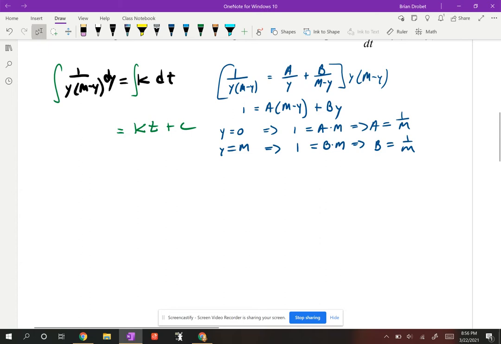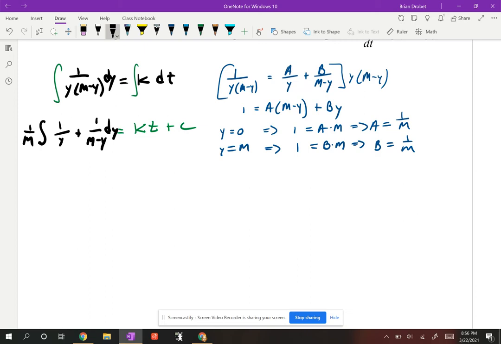So when I come back to my integral now, on the left-hand side, really what I'm integrating is a over y plus b over m minus y with respect to y. And the 1 over m is in common, it's the a and the b, so I can just pull that right out in front and put 1s in the numerators.